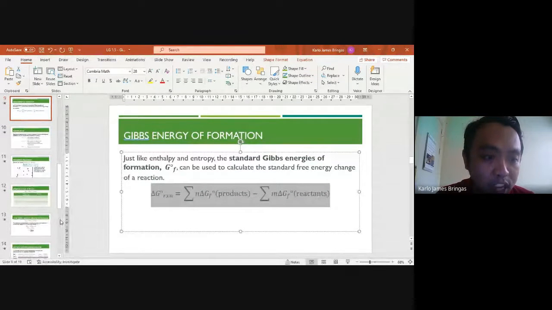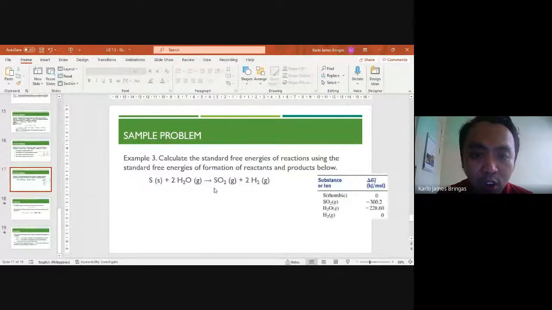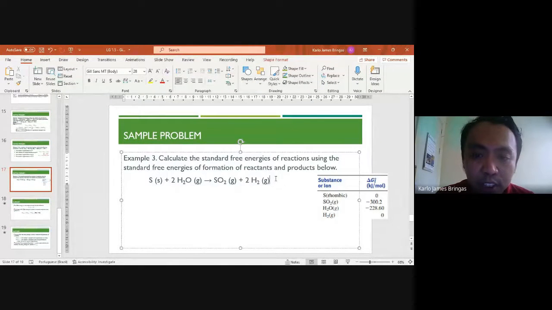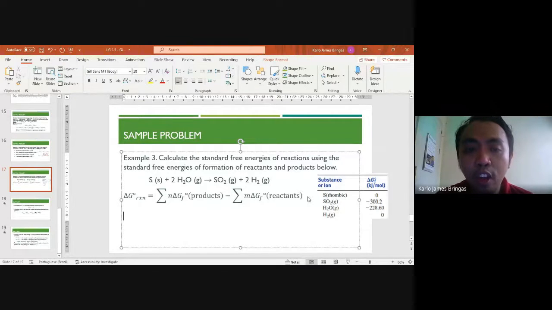So we have an equation here that looks very much like our Hess's law. Again, let me emphasize this one. This is not Hess's law, strictly speaking. It's just that they look similar, but they are not exactly the same. Pag Hess's law ang pinag-uusapan, we're talking about enthalpy. And this is Gibbs energy, not enthalpy.